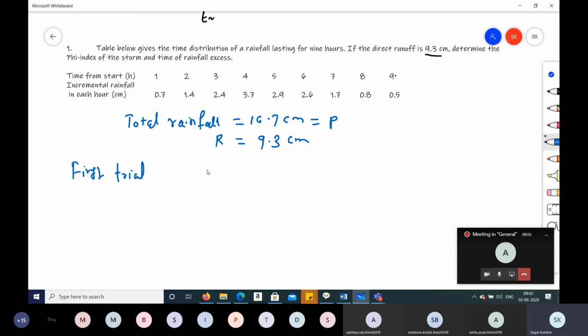So we will just make a guess, and for that guess also we need to go step by step. What is the formula, or how can we find out the phi index? Here I will mention: suppose phi is equal to the precipitation minus runoff divided by time, and the time for the rainfall excess only. But now we don't know what is the time period given for the rainfall excess.